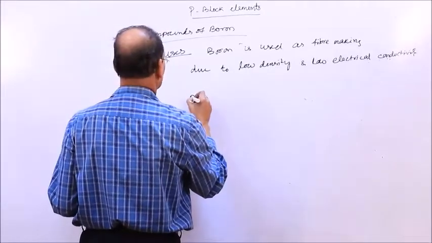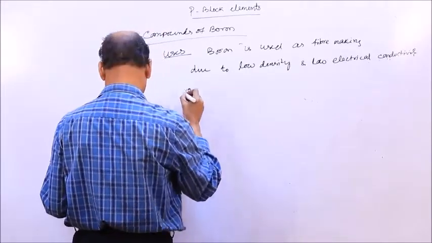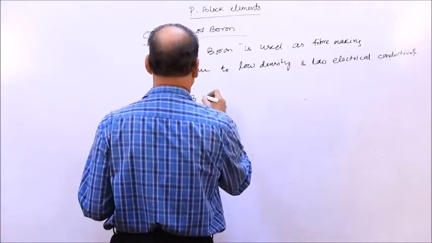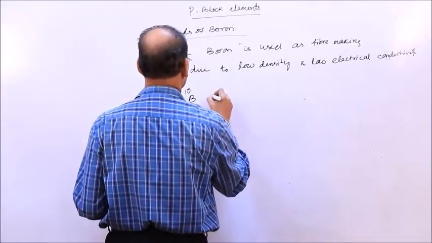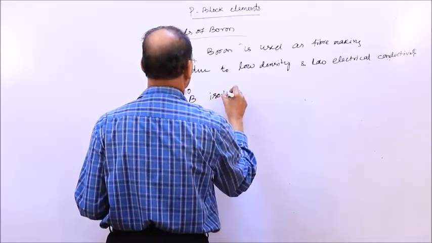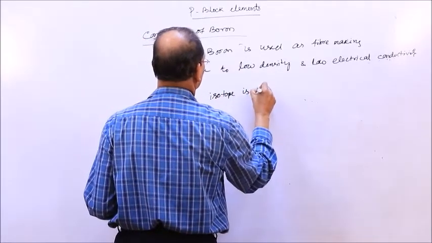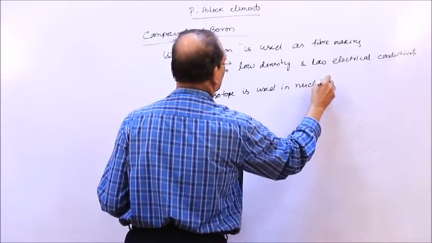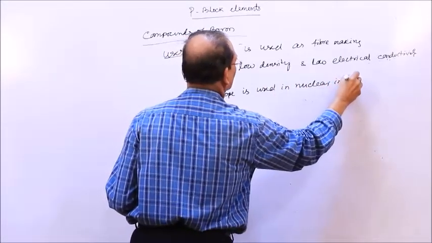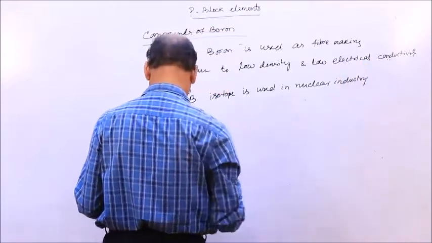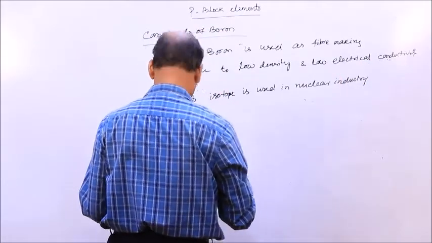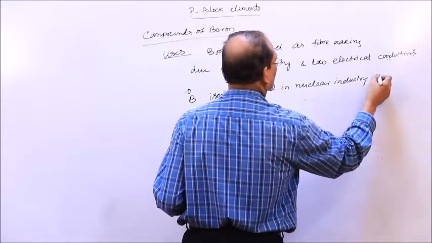The boron isotope is used in the nuclear industry as control rods.